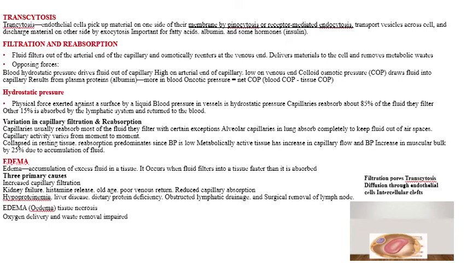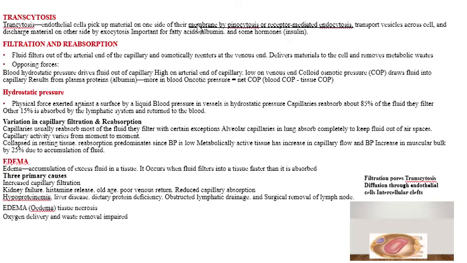And filtration: fluid filters out of the arterial end of the capillaries and then osmotically re-enters at the venous end and delivers materials. The blood hydrostatic pressure drives fluid out of the capillary. Hydrostatic pressure is the physical force exerted against a surface by liquid, blood pressure in the vessel.